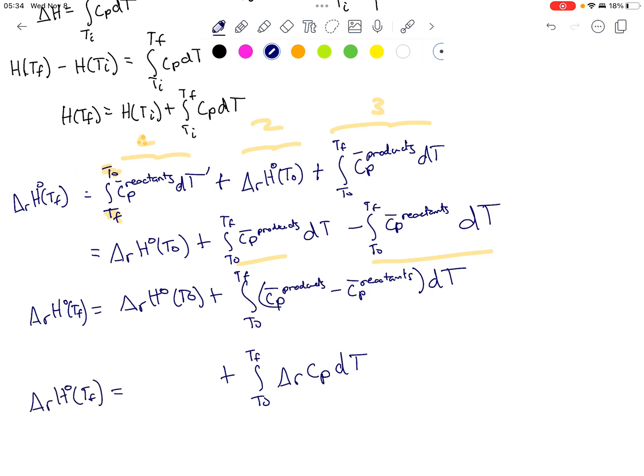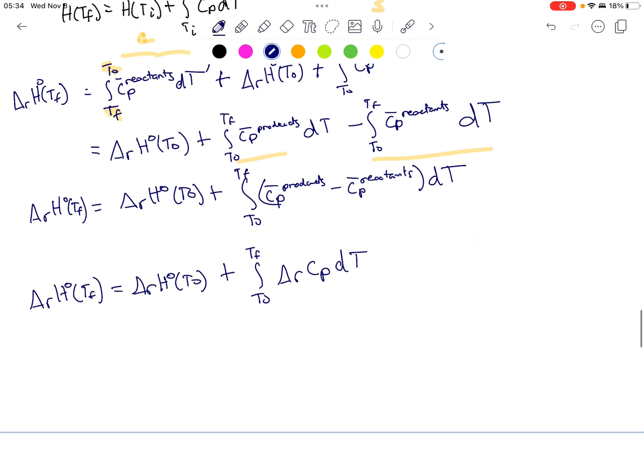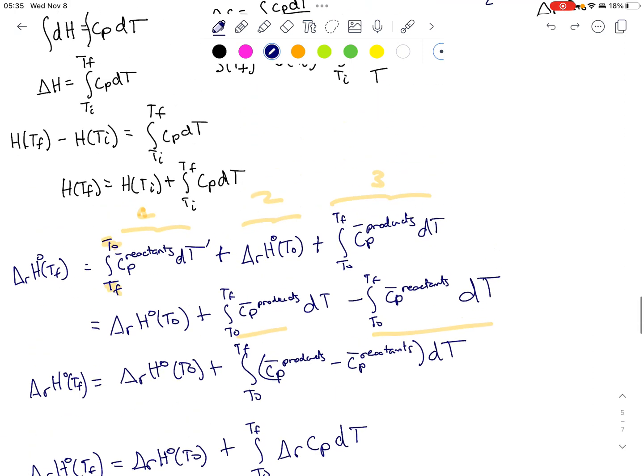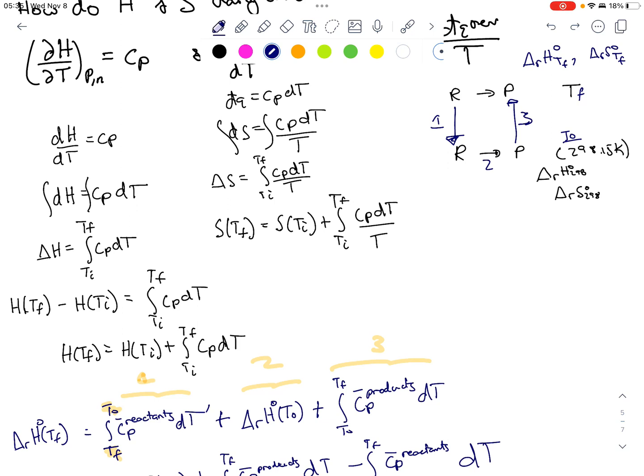So we can just use the delta H's to figure this out. An easier way of doing this for delta Rs naught is to go back here and use our delta arithmetic on this equation.